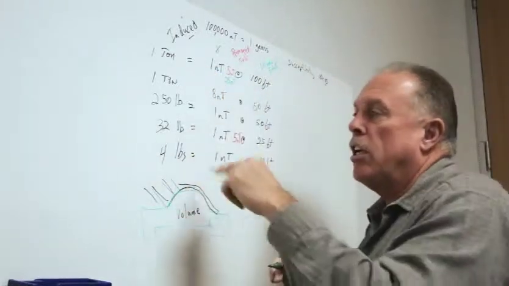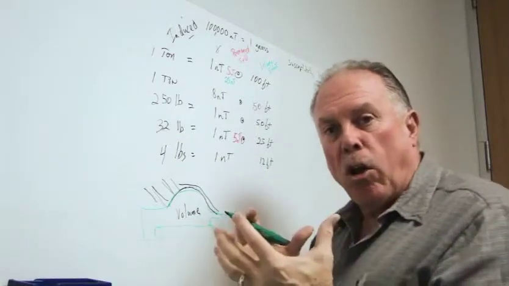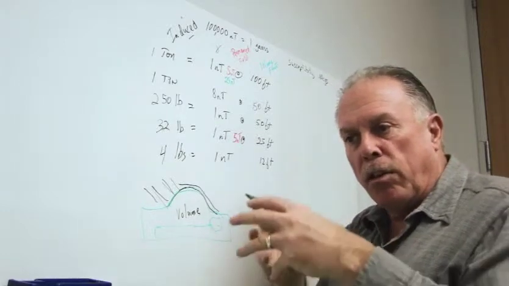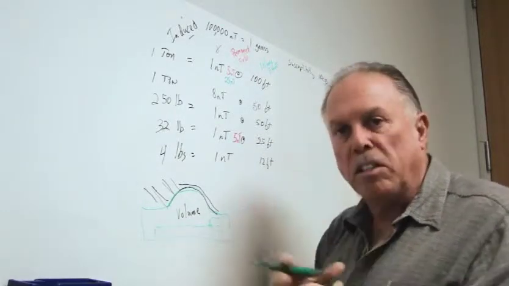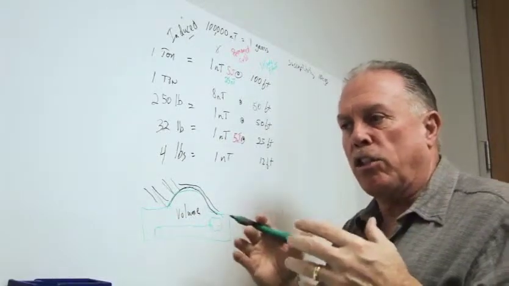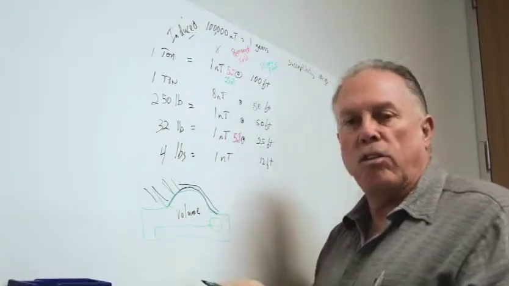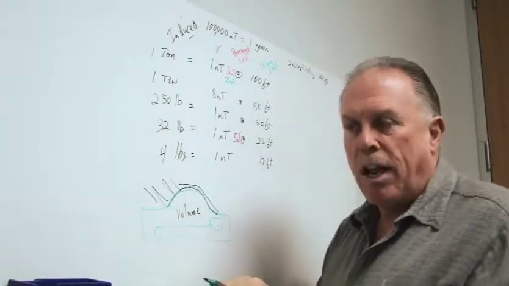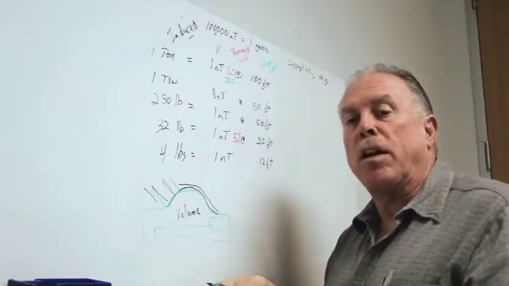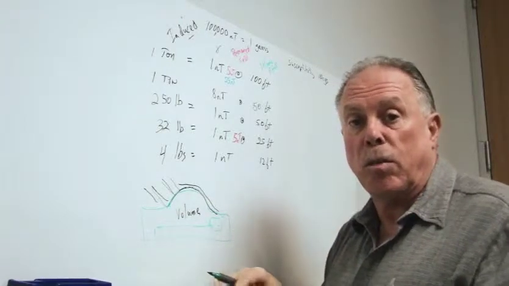So we see that even small items, for instance an unexploded military shell, have a space inside for explosives, and because of that, even though the shell may only weigh 30 or 40 pounds, it looks to the Earth's field as though it weighs 200 pounds, and therefore we get an amplification of this distortion, and this object becomes easier to find with high sensitivity, high speed magnetometers made by Geometrics.